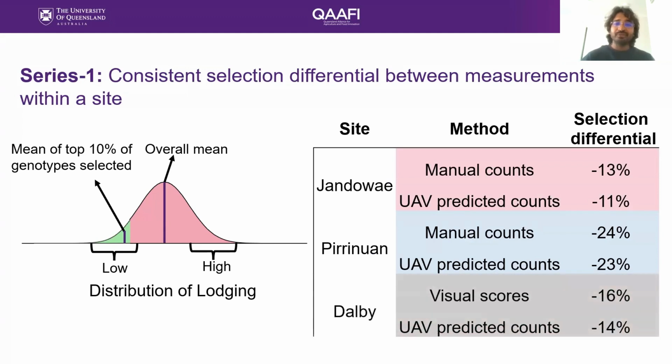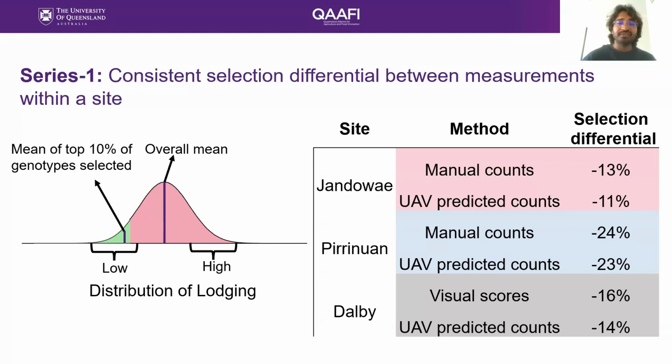Even at the validation site, selection differentials were comparable. This is providing confidence in the utility of the UAV-based approach for current sorghum breeding programs. From a breeder's point of view, these two phenotypic methods are equivalent.